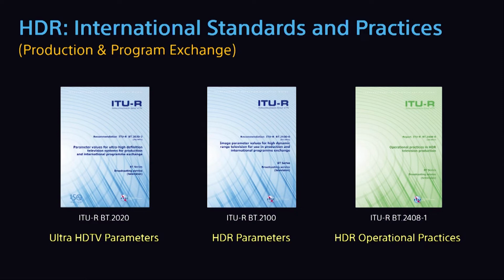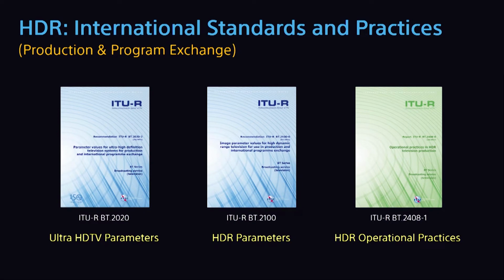And in the case of semi-professional, consumer-based applications, these operators perhaps don't have the knowledge, or they are not interested in the complexities of HDR production, and they simply want to press a button and record something that has HDR quality.